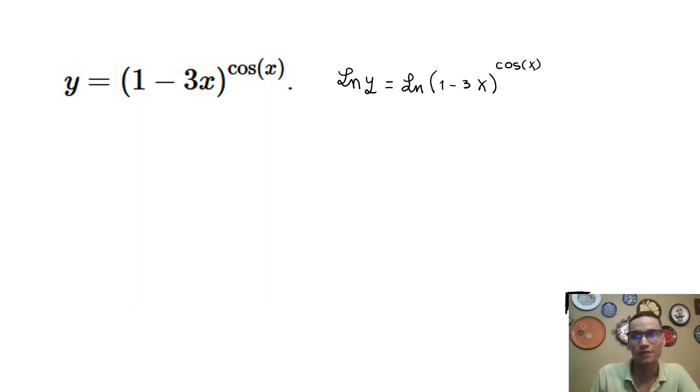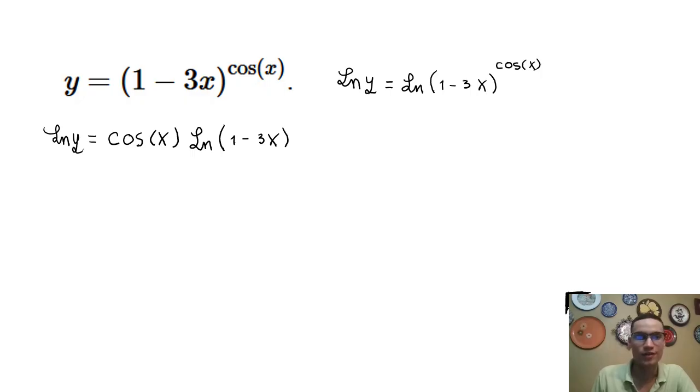We use the properties of the logarithms and we move this outside of the logarithm as a factor. So the natural logarithm of y is equal to cosine of x times the natural logarithm of 1 minus 3x.